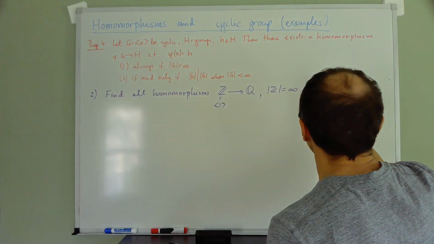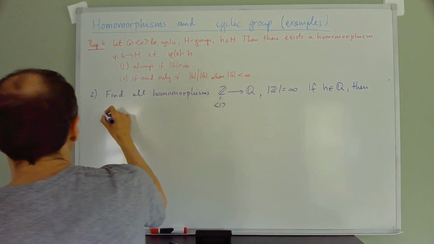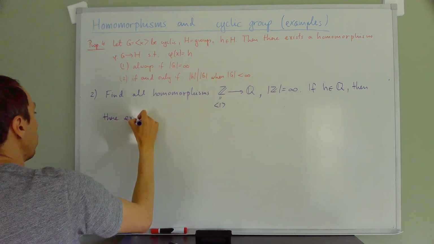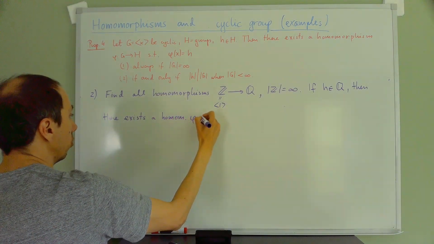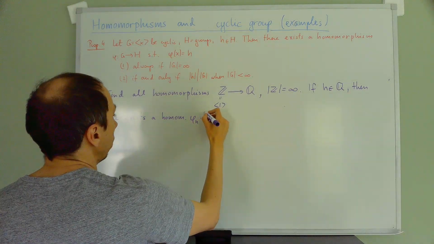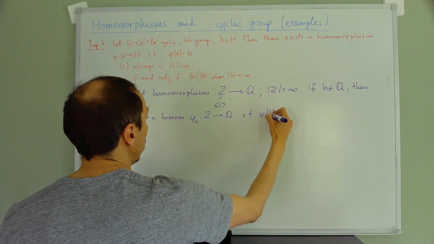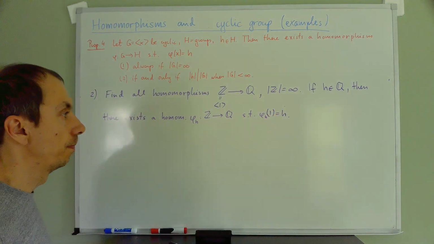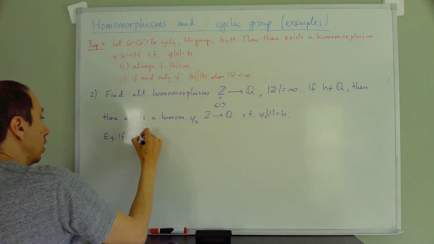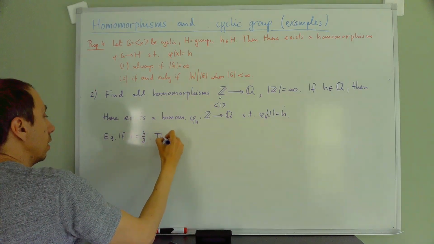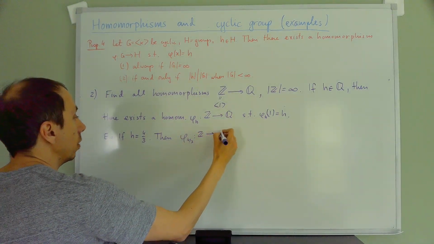So if h is any element of Q, any rational number, then there exists a homomorphism phi sub h, I want to somehow denote this homomorphism, from Z to Q such that phi sub h of 1 is h. So for example, if h is 4/3, then I get the homomorphism phi 4/3 from Z to Q.